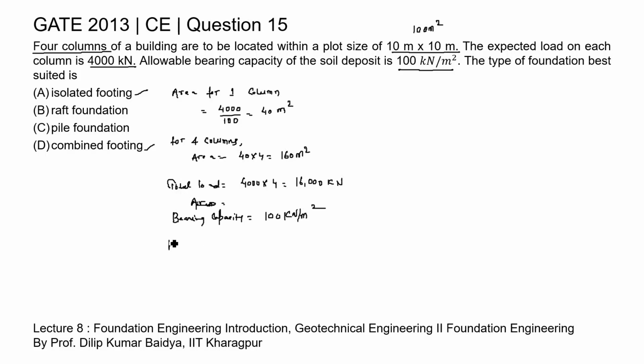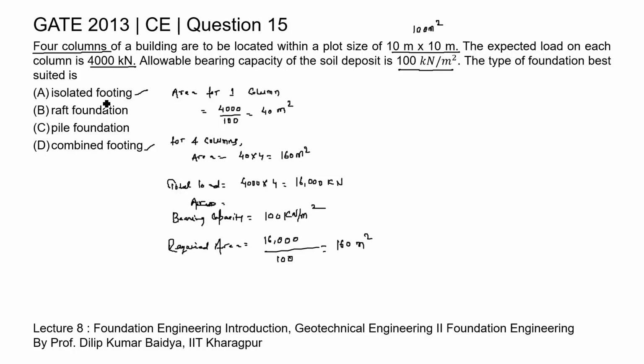So required area will be total load, which is 16,000, by bearing capacity, which is 100. So it will be 160 meter square again, which is again not possible. Why? Because the plot size is 100 meter square only.